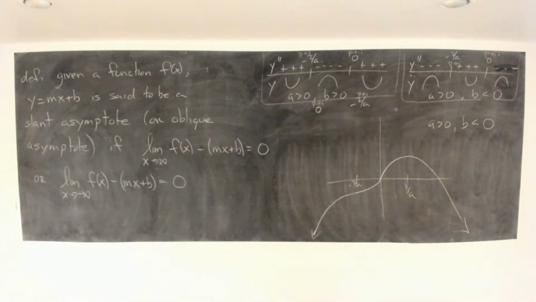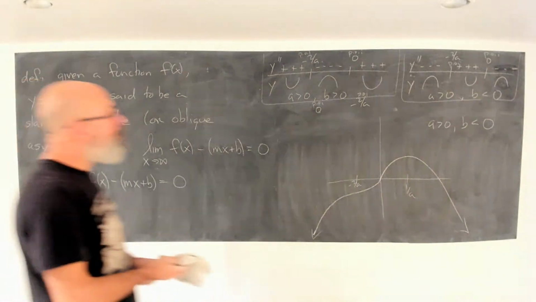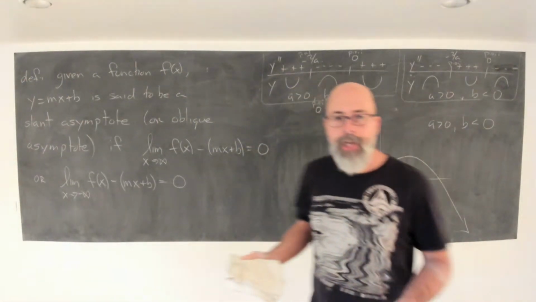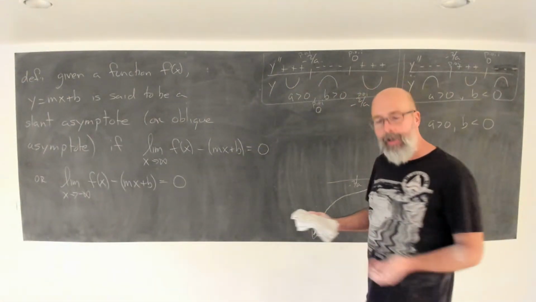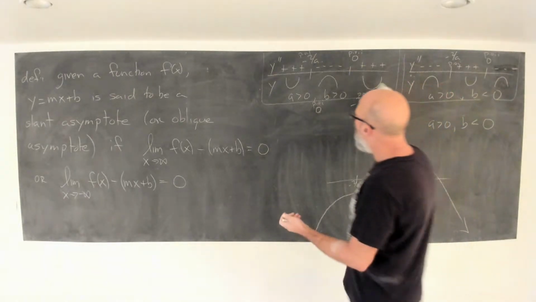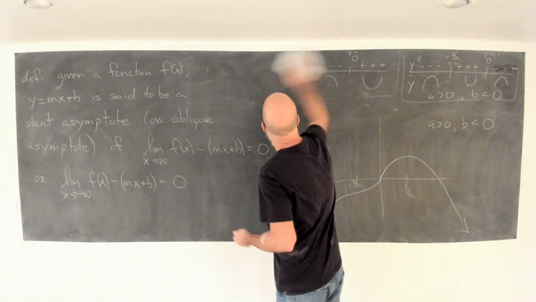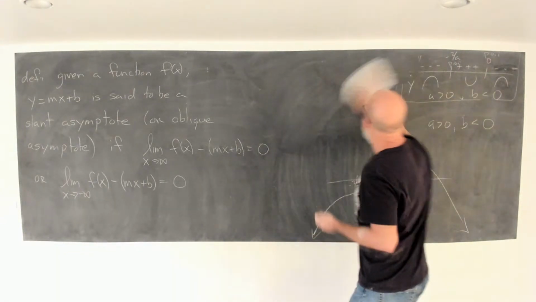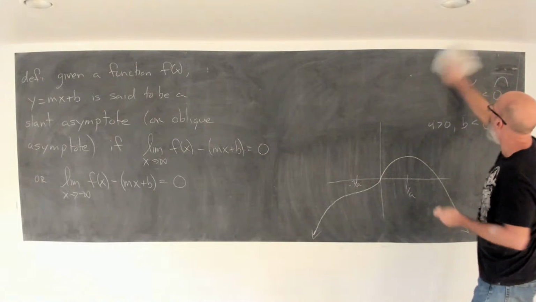Convince yourselves that this is really just a generalization of a horizontal asymptote, right? You know the limit to be the behavior of the function.